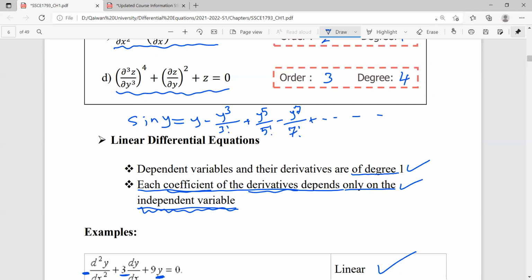That's why we say its degree is not 1. For cosine, for example, cosine y equals 1 minus y squared over 2 factorial plus y to the power 4 over 4 factorial minus y to the power 6 over 6 factorial.